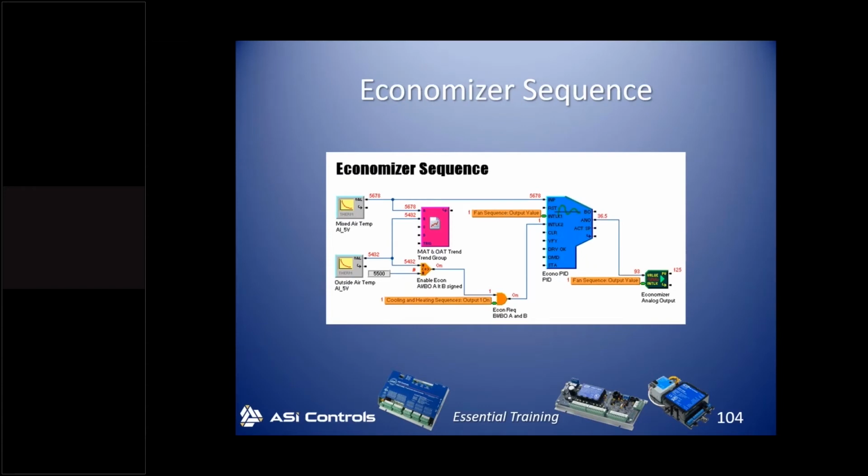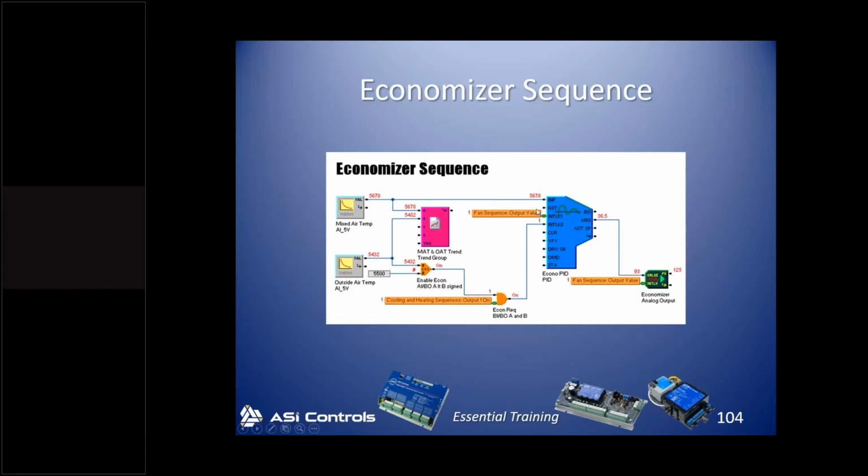And then the last one is the economizer sequence. We're just going to do simple dry bulb control to look at the mixed air. When the outside air conditions are good and there's a call for cooling, and the fan output in this case is on, then we'll run this PID calculation, and we'll actually set the minimum position in the PID calculation.